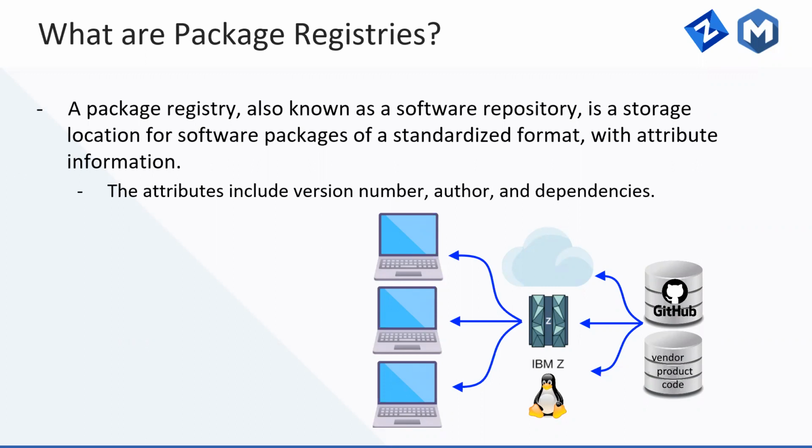All the things in the repository conform to some manifest of attribute information. So that could include version numbers, the author that wrote the software, or even its dependencies. And so in this little diagram here, let's say that you have some clients and you want to install software on these clients.